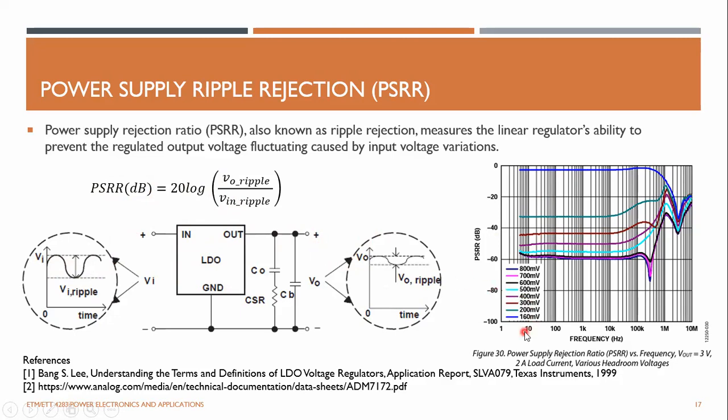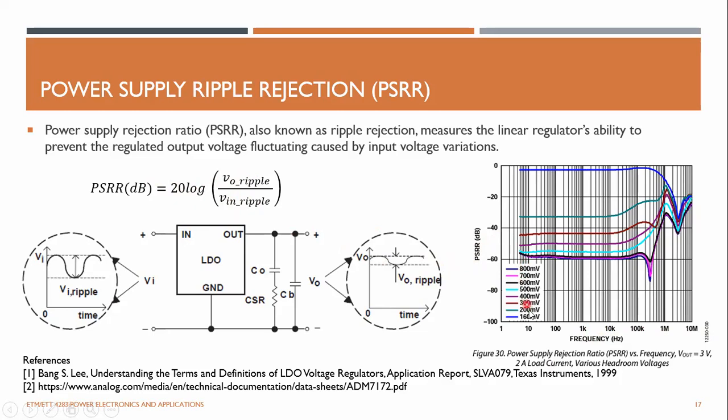This example shows you that PSRR is a frequency-dependent characteristic, which means it depends on the frequency. So you have to plot the PSRR against the frequency. Here, this example shows you the PSRR of an LDO regulator. This axis shows you the frequency, and this is the amount of ripple rejection in decibels, right? So the ratio of output ripple to the input ripple, expressed as a decibel value.